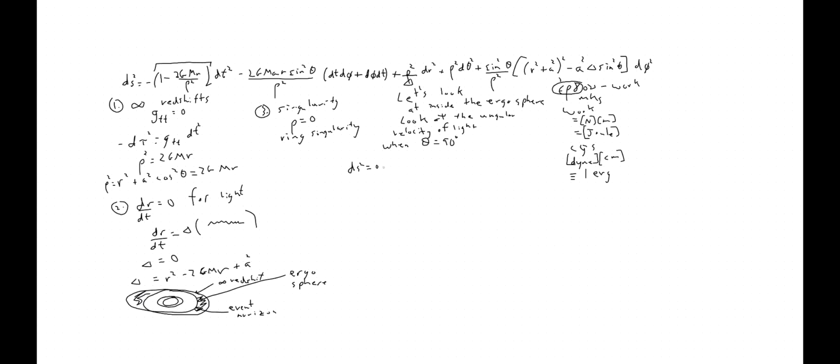Okay, so instead of this piece here, I'm going to call this whole piece g_tt, so we have g_tt dt squared.